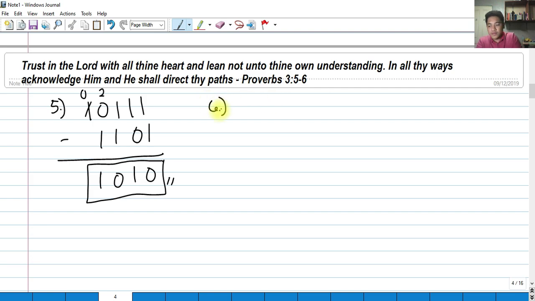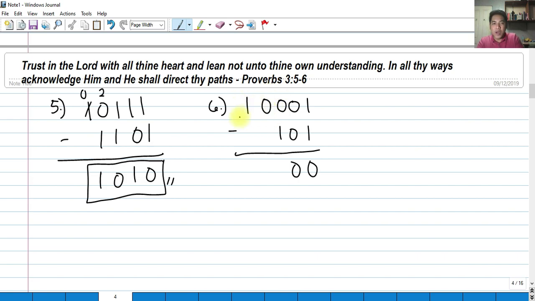Okay, another one. The only way for you to be good in solving arithmetic or operations in binary system is for you to practice and practice and practice. So we have 1, 0, 0, 0, 1 minus 1, 0, 1. Pretty easy. 1 minus 1 is 0. 0 minus 0 is 0. 0 minus 1 cannot be. But its preceding term again is 0.